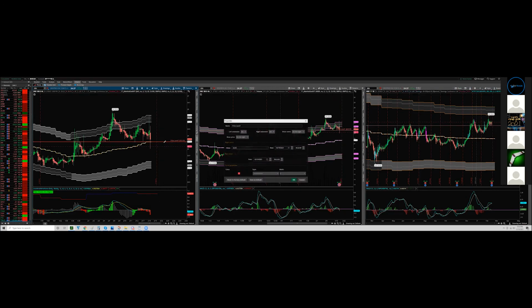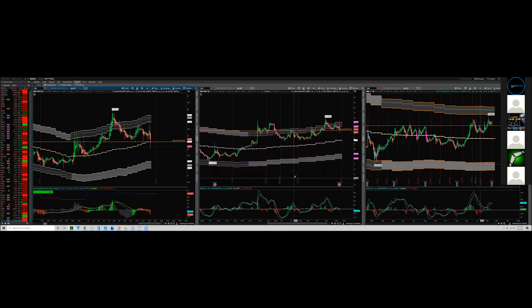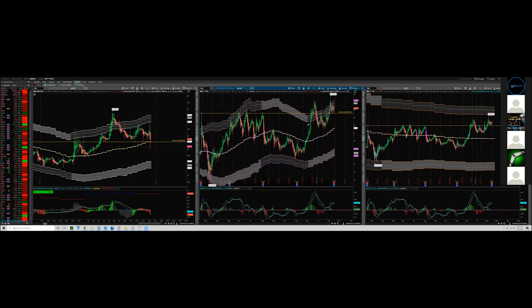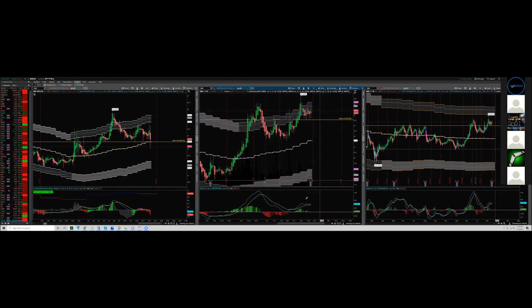Yeah, I mean, this thing looks bad. It's through the daily mid. It's coming off the weekly top. We have a 4-hour cross down. Oops, that's 2 minute. The daily is about to cross down.